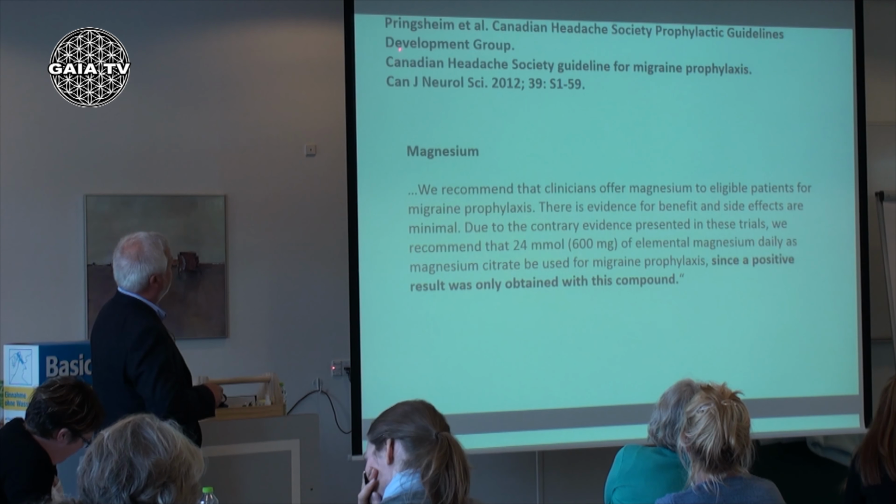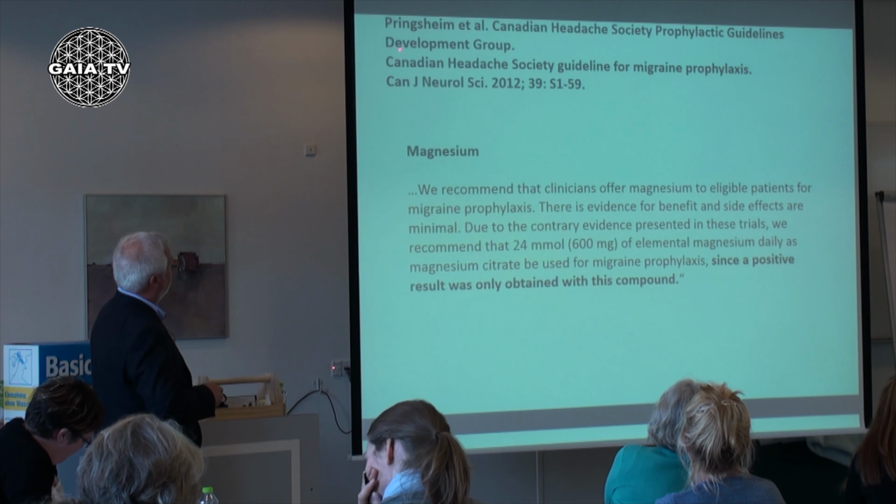But for magnesium, they write, we recommend that clinicians offer magnesium to eligible patients for migraine prophylaxis. There is evidence for benefit and side effects are minimal. Due to the contrary evidence presented in these trials, we recommend that 600 milligrams of magnesium as magnesium citrate be used for migraine prophylaxis. And that's a very important point.